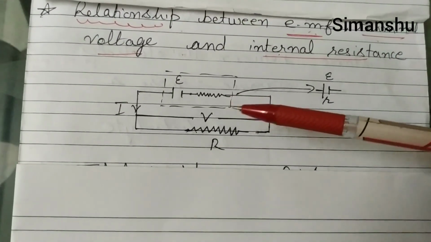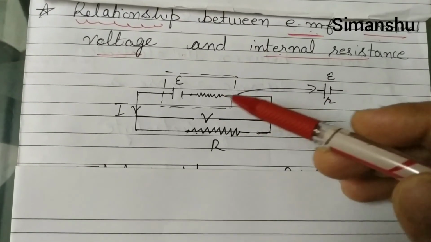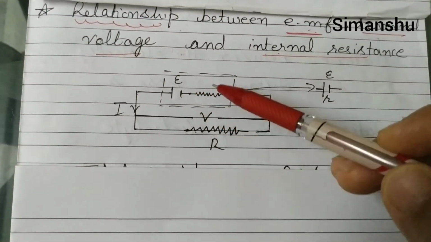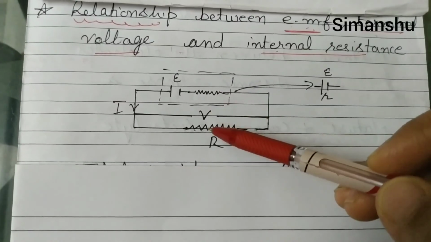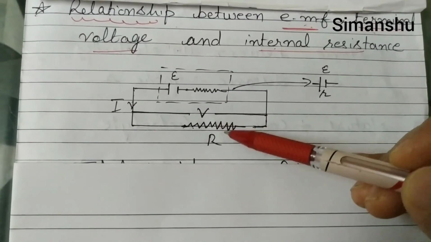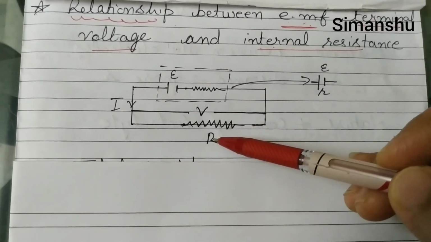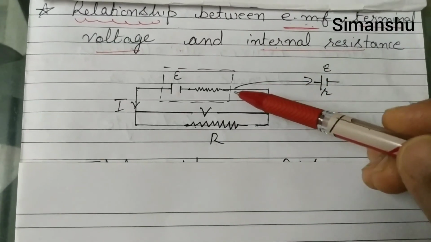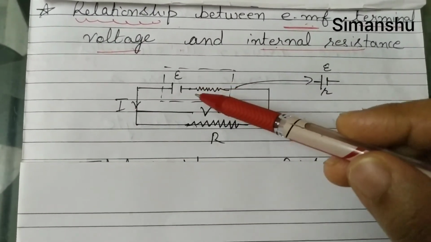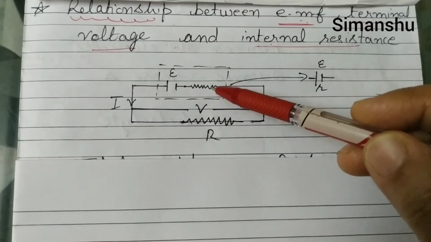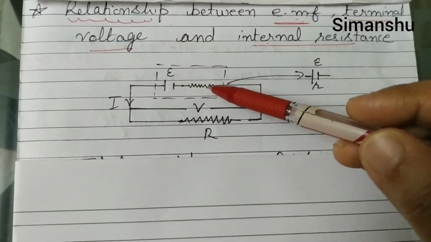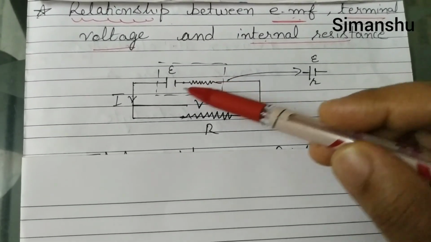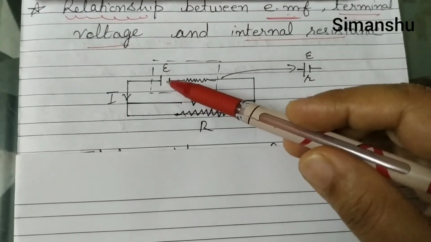Here we are with the diagram. In this diagram you can see it is a cell. This is a load represented by resistance R. And this zigzag wire is showing internal resistance inside the cell.